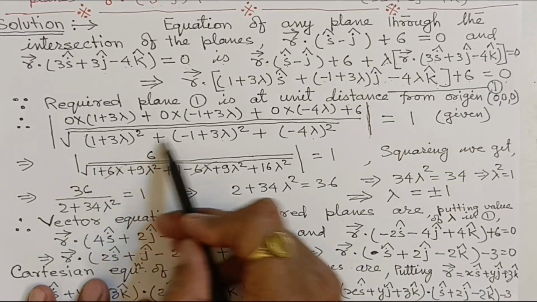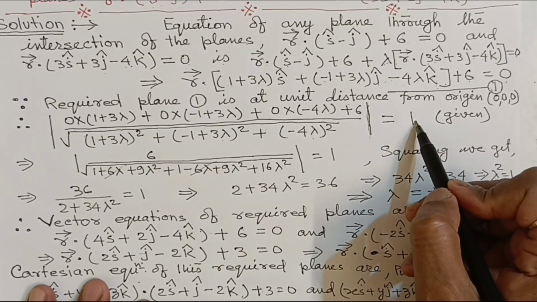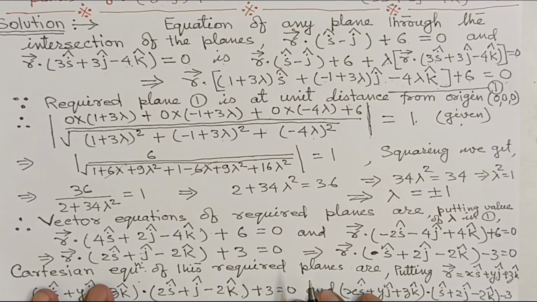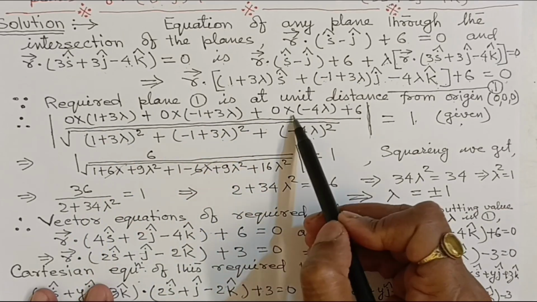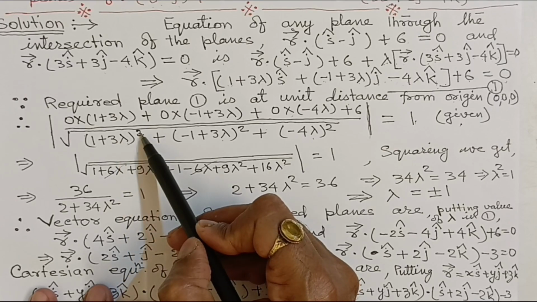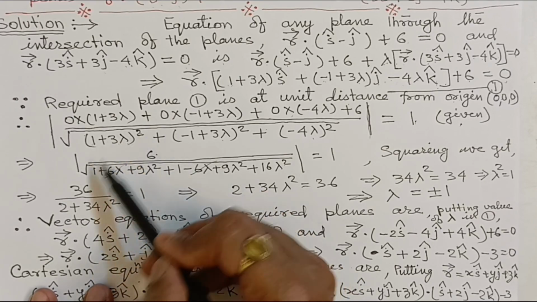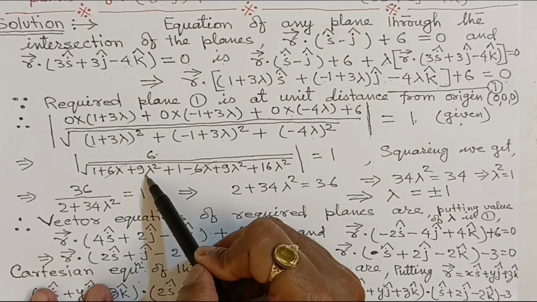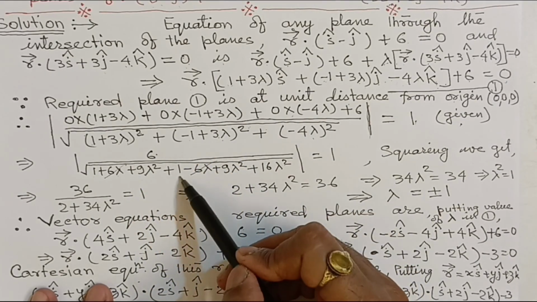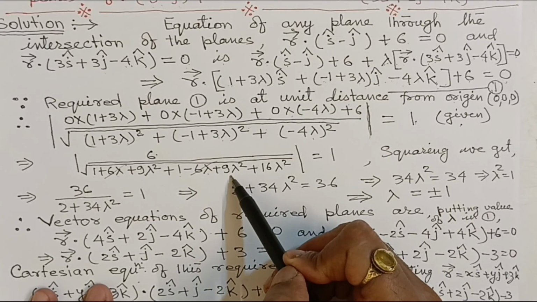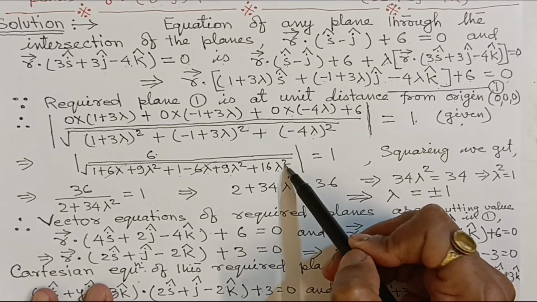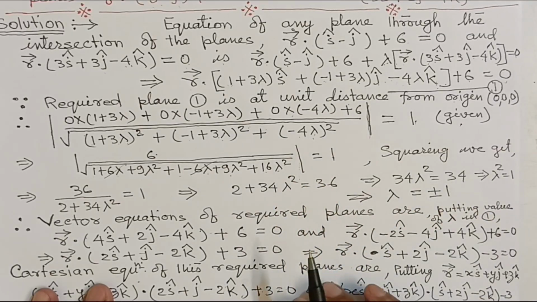Since distance can't be negative, it is given as 1 unit. So 6 upon the square root of: 1 plus 6 lambda plus 9 lambda square, plus 1 minus 6 lambda plus 9 lambda square, plus 16 lambda square, is equal to 1.